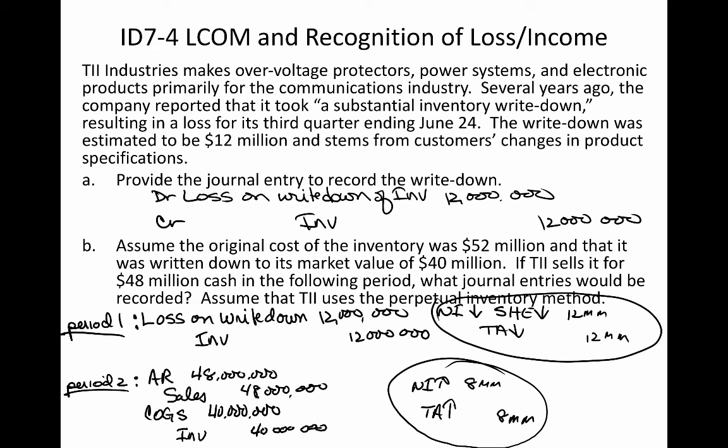So in period 2, when I record the sale, we debit accounts receivable, credit sales for $48 million, debit cost of goods sold for $40, credit inventory for $40, and notice I have now shifted profits from the previous year when I took that $12 million loss to the current year when I now have an $8 million profit. So you can understand why they would do this when management teams change. It's called the big bath.